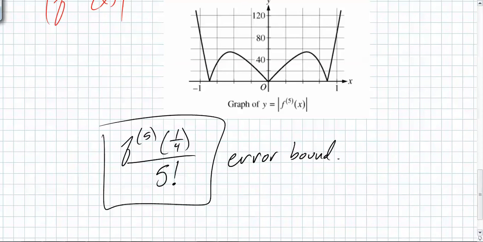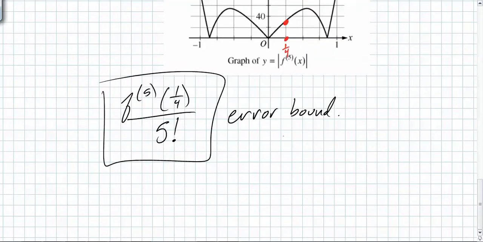So if we actually look at 1/4 right here, what's the maximum it can be? We know that value is definitely less than 40, right? So this has to be less than or equal to 40 over 5 factorial. What is 5 factorial? That's 40 over 120. And what's our error bound supposed to be?